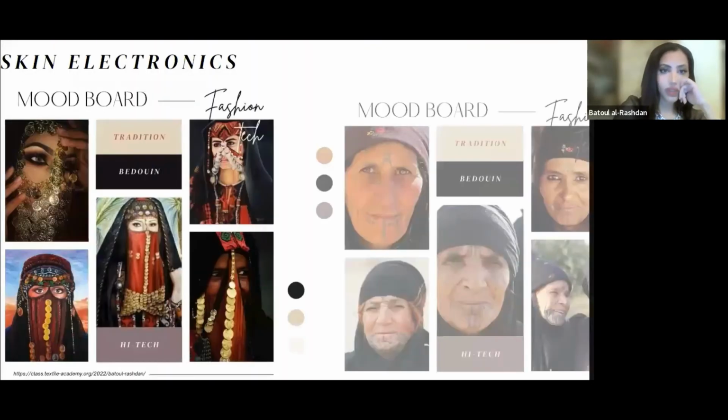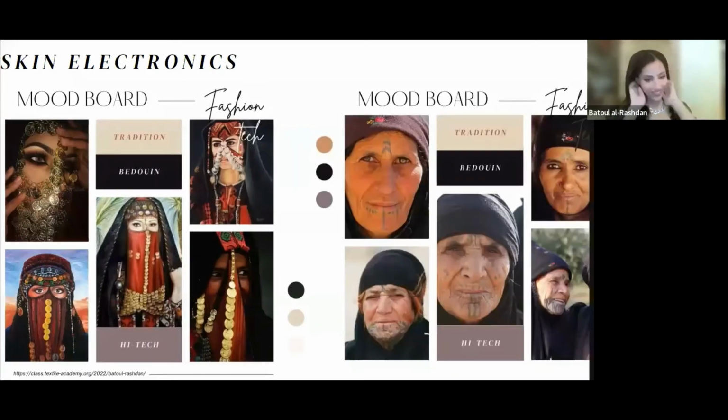And now for the skin electronics, this is another cool project of mine. I like to bring electronics nearer to my body, as you can all see. And this is the nearest thing you can get to your skin. Very, very near to your skin.